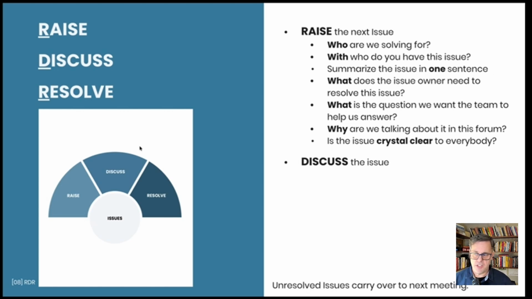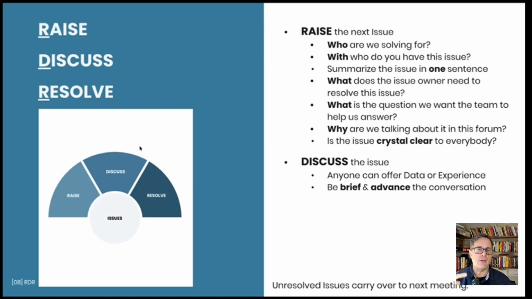And then the discussion issue, what I want to be clear about is anyone and everyone that can should share their experiences and data. These are the things we want to offer up for discussion. Anything that's going to help us get to a place where we can solve the problem. What can I contribute that helps us understand a good path to resolving this issue?